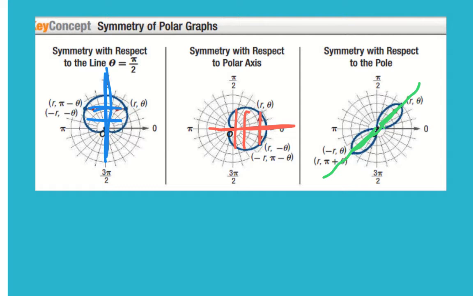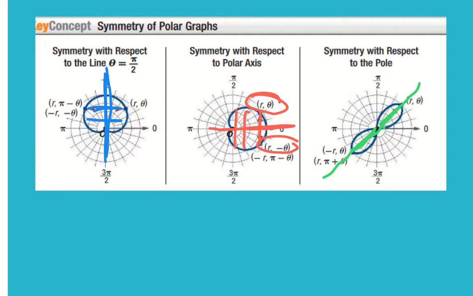But I'm looking at these things and I'm thinking I need to talk about symmetry if you plug into the equations. So, what's going to happen is that if you don't want to go and graph it and look at it, which is one way to do it. So, for example, if I have r theta, if I plug r negative theta back in, it's going to give me the same thing.